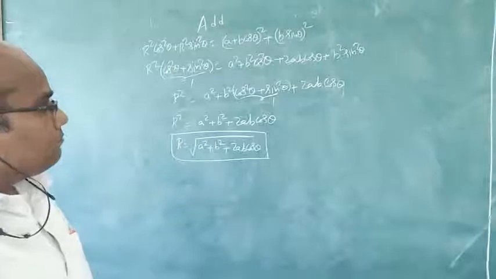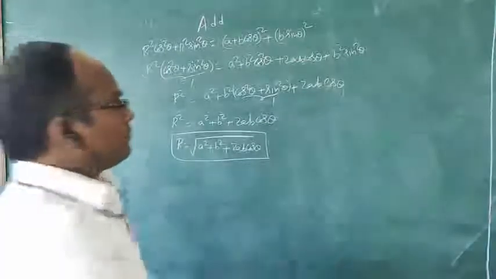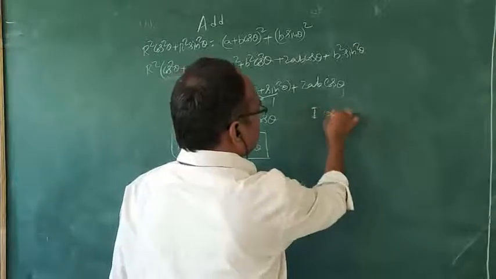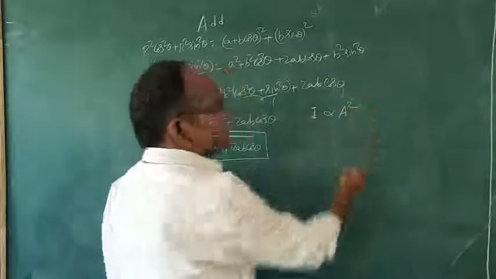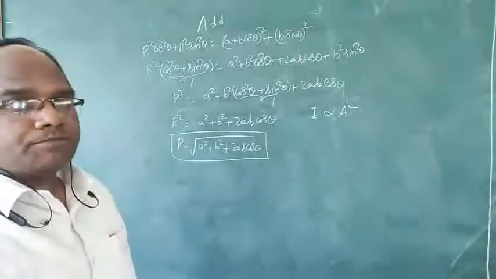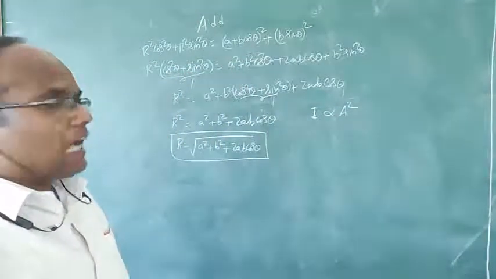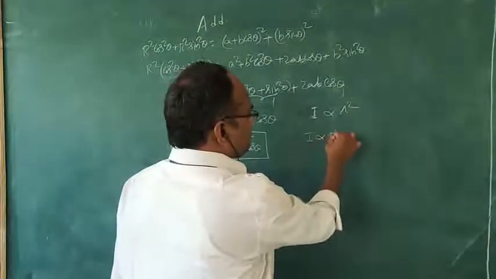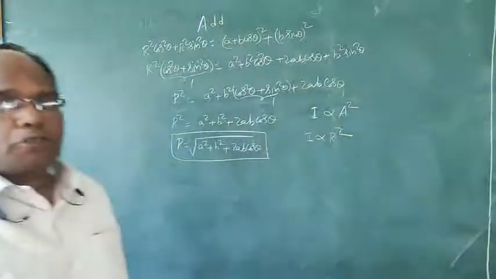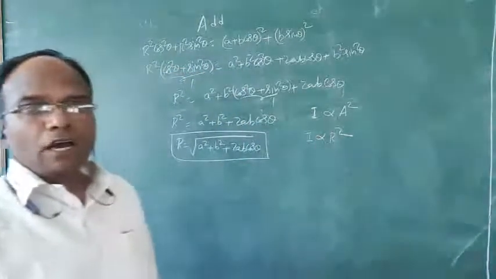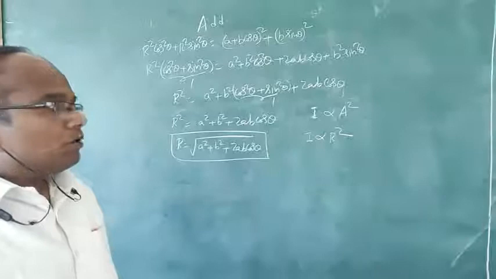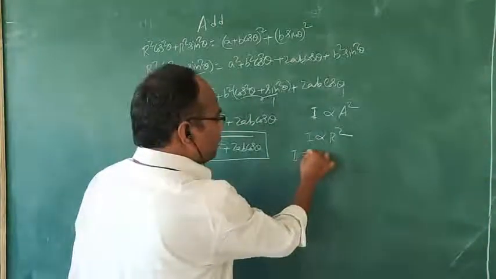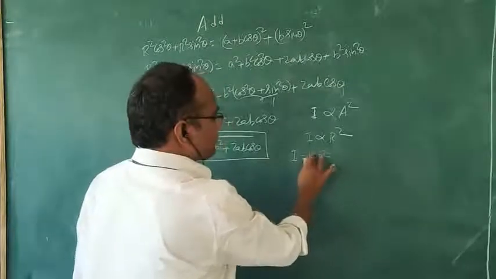Now we know that intensity of a light is directly proportional to the square of the amplitude, or in terms of R also we can write it. So here, I is equal to k into r square.